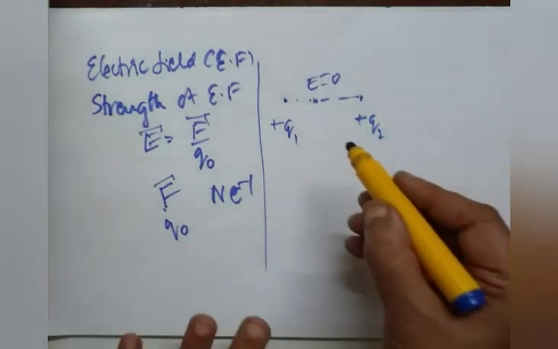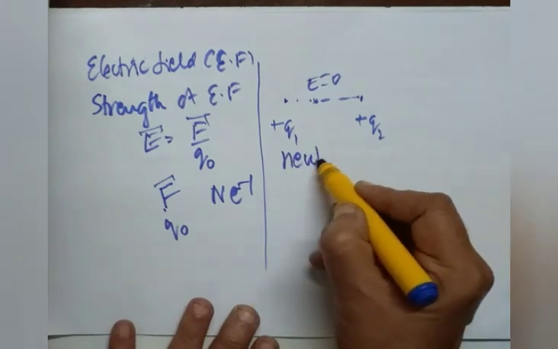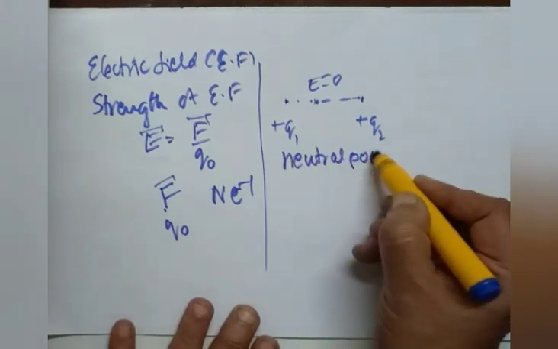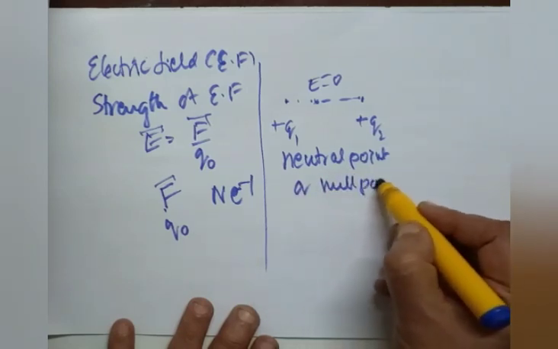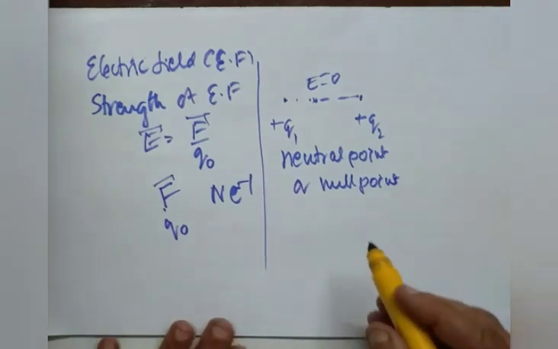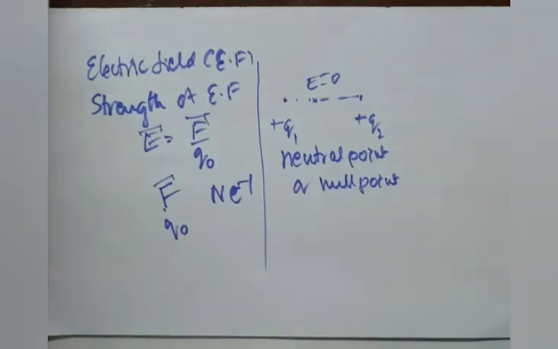Such a point is called a neutral point or null point. At the null point, net field is zero.